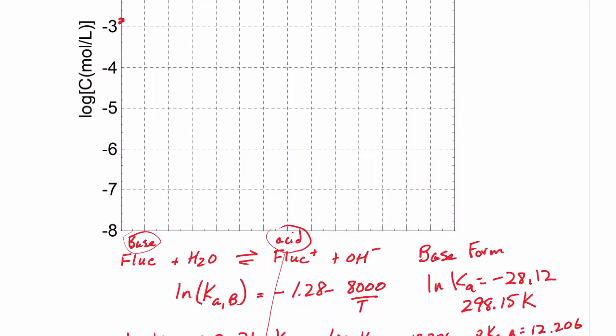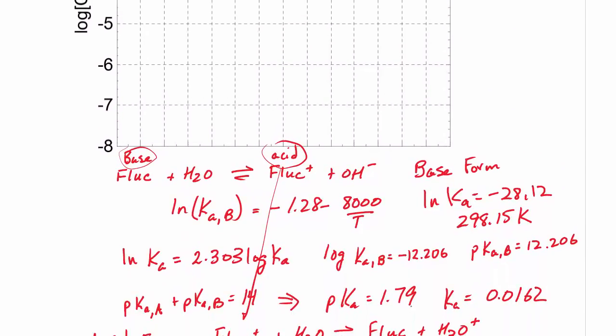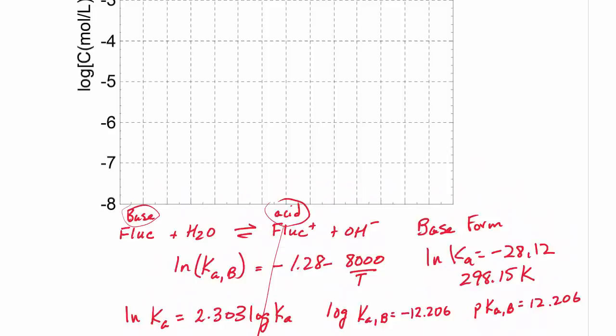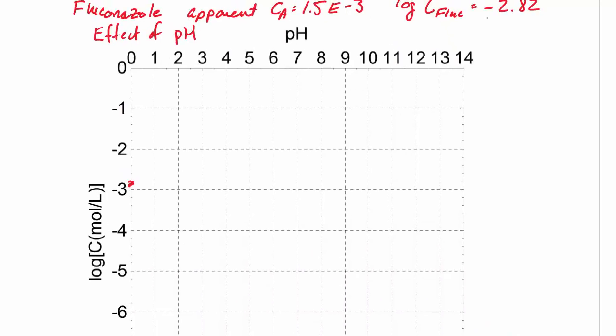I know the pKa value is 1.79, and I know the apparent concentration on the log plot is going to be minus 2.8. So I find the coordinates for 1.79 as the pKa and minus 2.82, and I'm going to go down 3/10 of a log unit on the log scale here, and that's going to be my construction point.